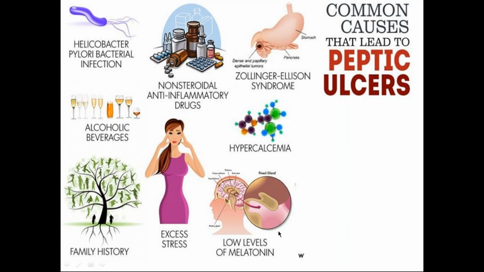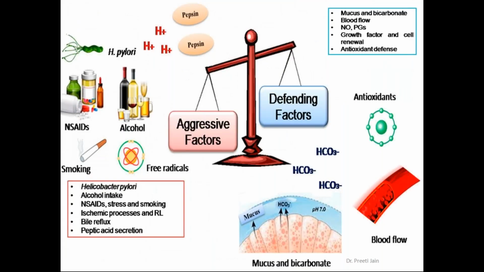There can be excess of stress, there can be hypercalcemia, or there can be Zollinger-Ellison syndrome, in which there is excess secretion of gastrin, which keeps on leading to HCl secretion. So whenever there is a disbalance between your defending factors and the aggravating factors, it leads to the production of gastric ulcer.